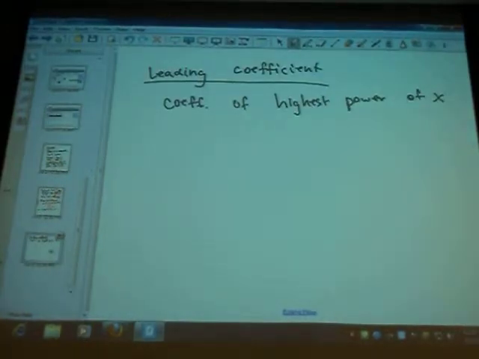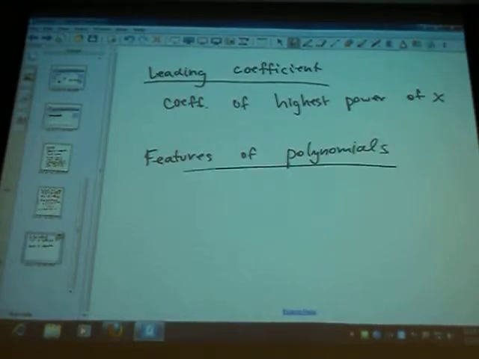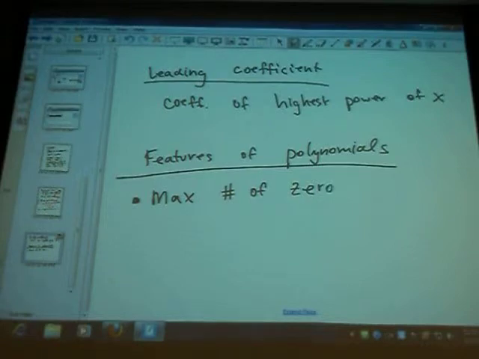Now let's talk about some other features of polynomials. We talked about degree and leading coefficients. Let's talk about the maximum number of zeros, the x-intercepts.